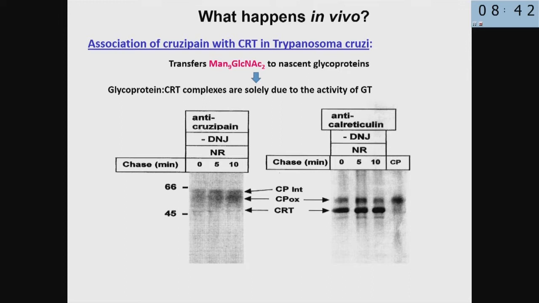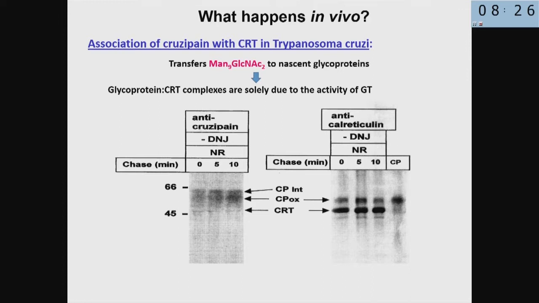However, when you use on the right anti-calreticulin antibodies, we only pull down the fully oxidized cruzipain.